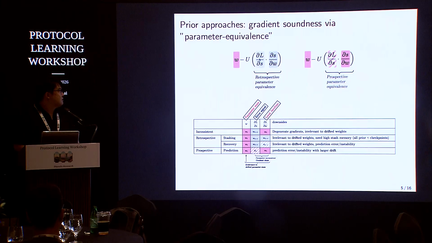So what prior approaches normally do is make this gradient chaining sound. They either stash the prior weight states to compute the gradient at the prior parameter state, or they try to predict what the weights would be at forward time and use that to get the gradient at backward time.